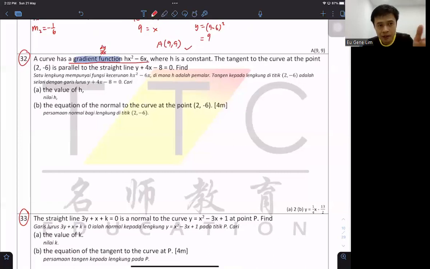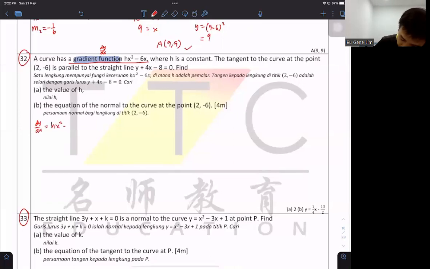So the question says the gradient function is hx squared minus 6x. You write down dy dx equals hx squared minus 6x. H is a constant, this one you can just ignore.